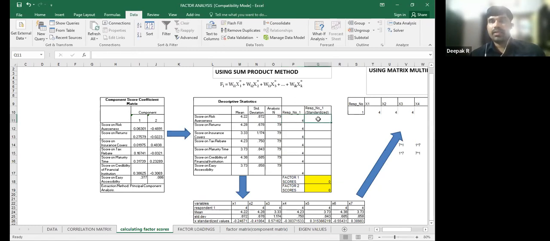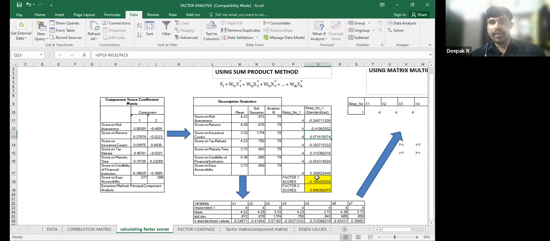That is nothing but Z scores, xi minus mean divided by standard deviation. So equals this first xi, that is the response of the first respondent to the first question, minus the mean, which I'll keep constant with function F4, divided by the standard deviation. So if I go for it, this is the standardized score for the first response which was given. And if I use the fill button, I would get it for the rest of the questions.